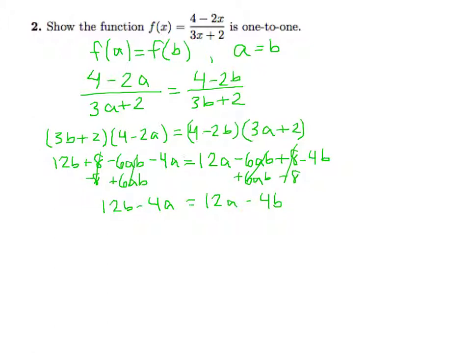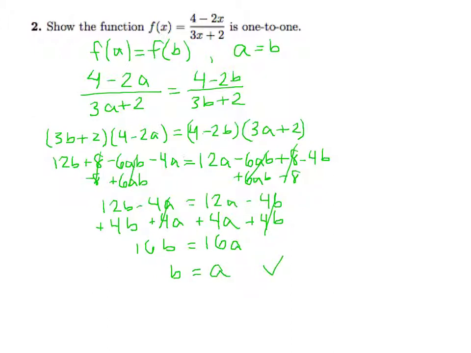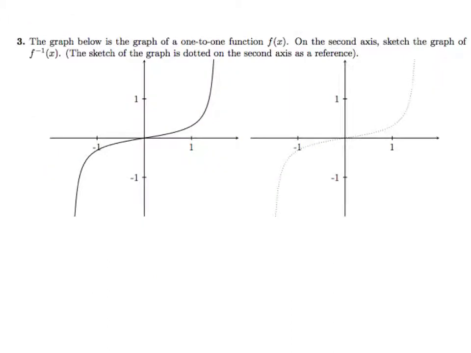So if we group like terms on the same side, we'll move this 4b to the left. So we add 4b to both sides. And then we're going to move the a terms to the right, so we're going to add 4a to the left and 4a to the right. So we have 16b equals 16a. And dividing by 16 on both sides, we get b equals a, which is what we needed to show this function is 1 to 1.